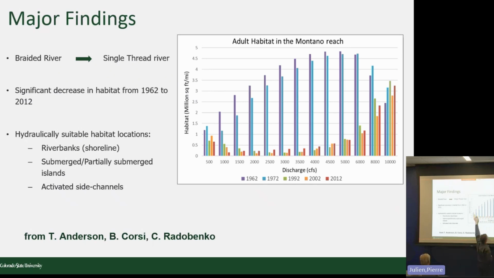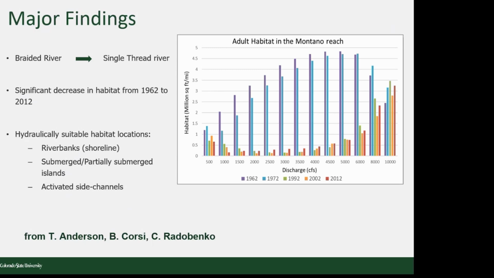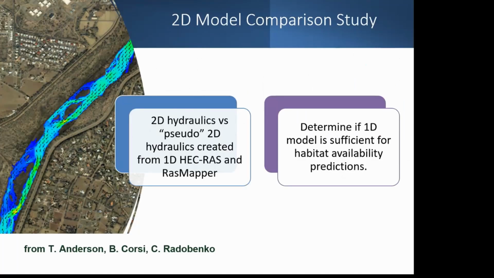You can have a very high discharge, but the habitat is not very good, because the channel has been narrowing in size, and the bank line is a little higher than before. So you need a higher discharge for the fish to go onto the floodplain and lay their eggs that float, and then to let them hatch and develop, right? This is the kind of analysis we do for Reclamation.